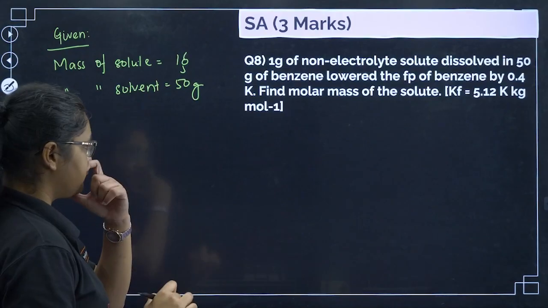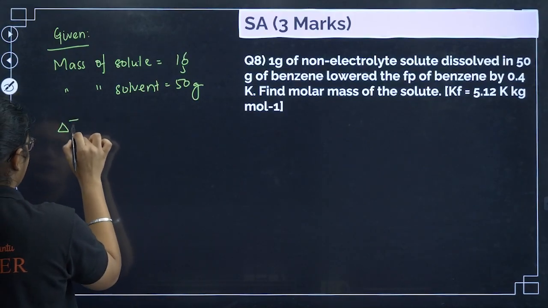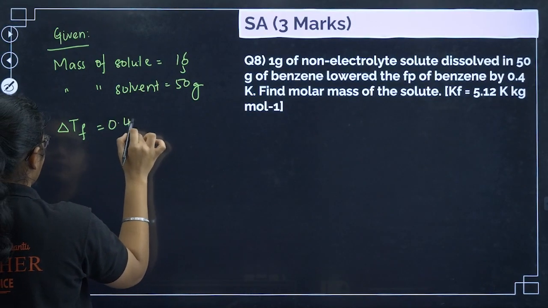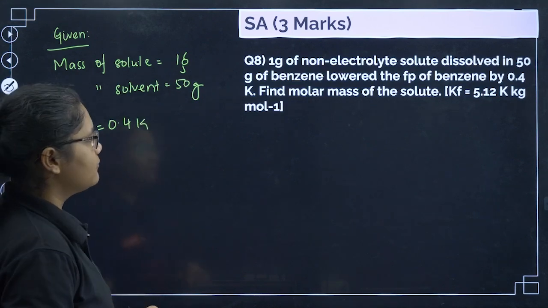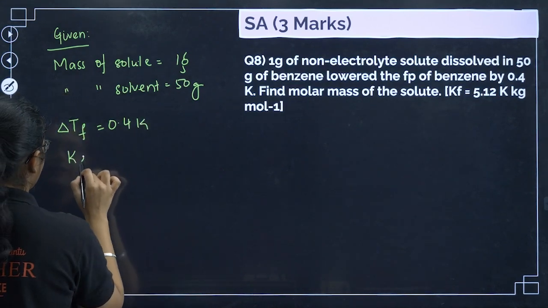Lowered the freezing point by 0.4 Kelvin, so delta TF is equal to 0.4 Kelvin.